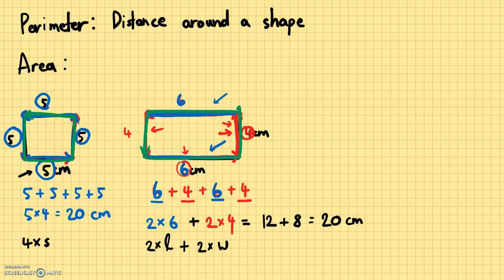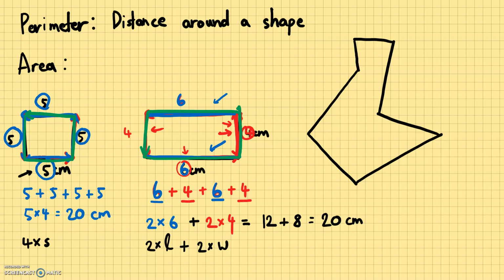So even when you get a really weird shape like this, you can still find the perimeter if you know the concept of perimeter. So let's say this side is 3 centimeters, 5 centimeters, 4 centimeters, 6 centimeters, 4 centimeters, and 5 centimeters. We want to find the perimeter of this shape.